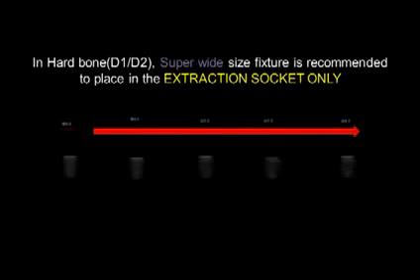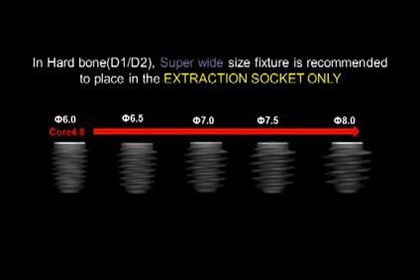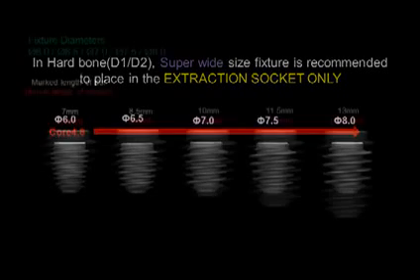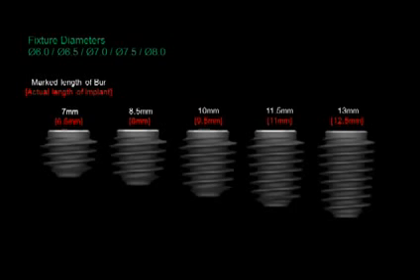Okay. All right. As we talked about earlier, 6.0 through 8.0 implants are mainly for extraction sockets. You do have drills in there to be able to perform a drilling procedure for your 6.0 and 6.5 implants. But again, your 6.0 through 8.0 implant diameters have 7, 8.5, 10, 11.5, and 13 millimeter length drills.